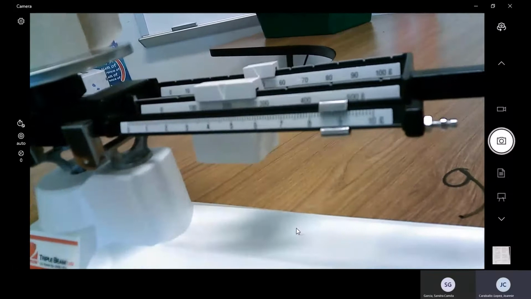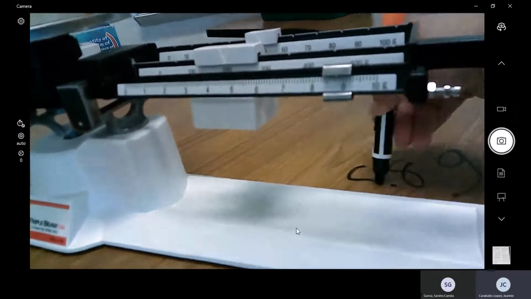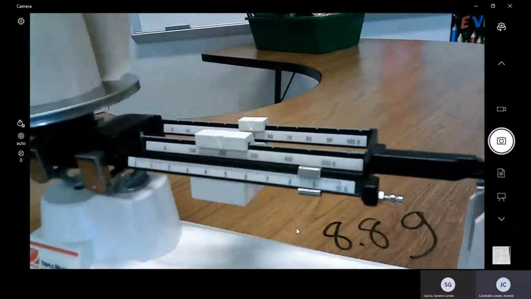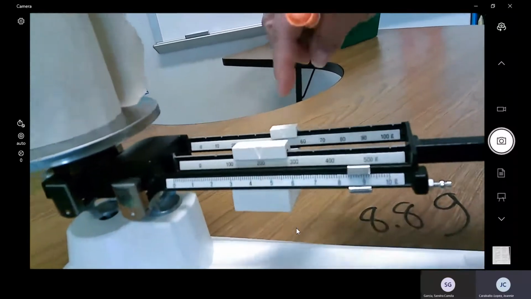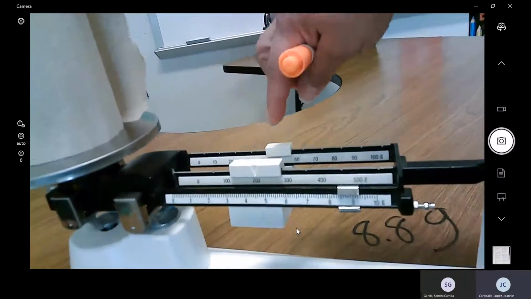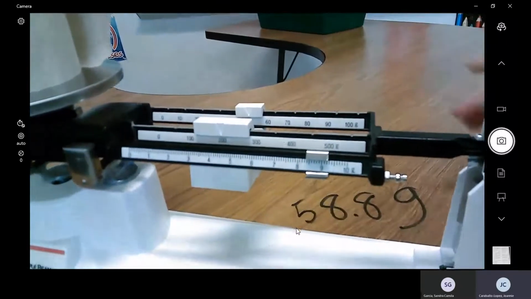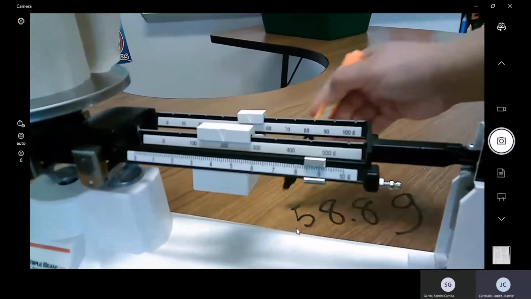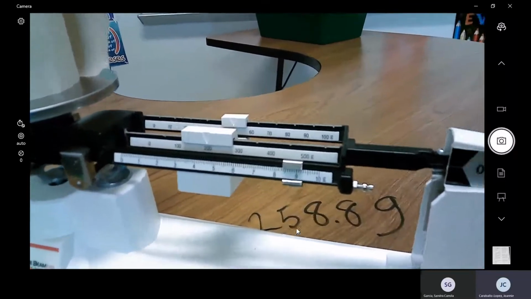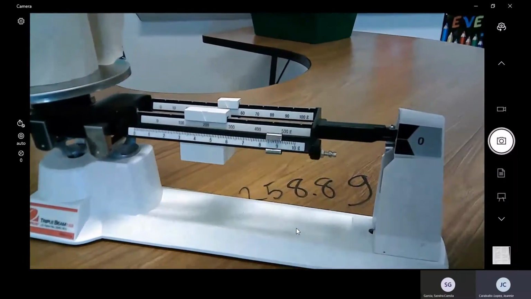So it's actually, I know you can barely see it there, but it's actually 8.8. Okay? So, what about the next one? My tens. What do I have? I have 5 tens. Look, 5 tens, so I'm going to put my 5 in the tens place. And then how many do I have in hundreds? 2. So my answer is 258.8. And that is how much this paper towel weighs.